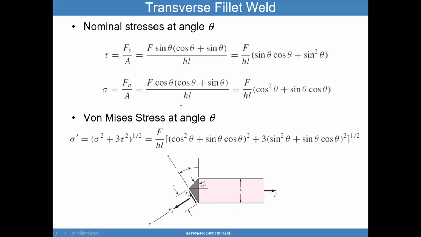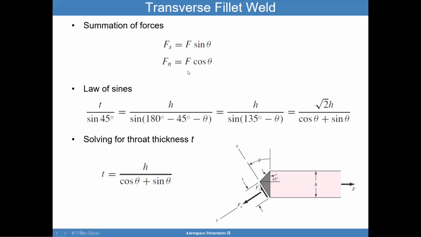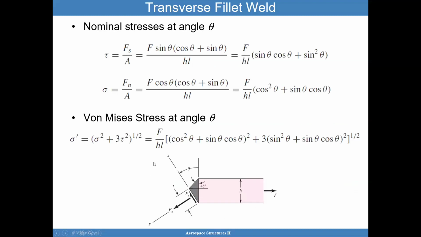And so again, if I want to calculate the stress, I want to divide this Fs by this area. And this area is given by T times L. And I found T relative to H, and that's why you see here that we got this formula. And then I can multiply everything out, and for this stress, I get this.